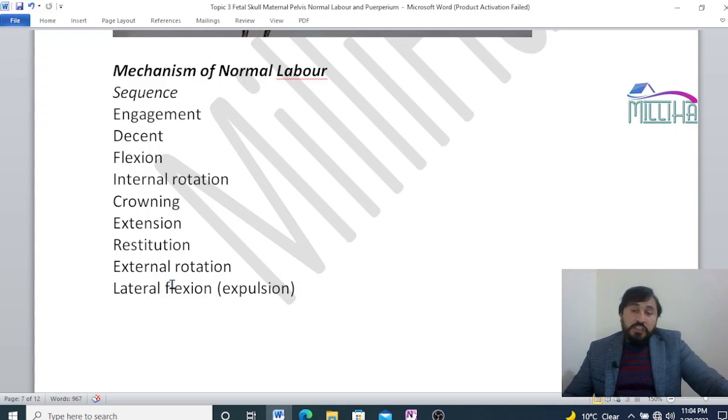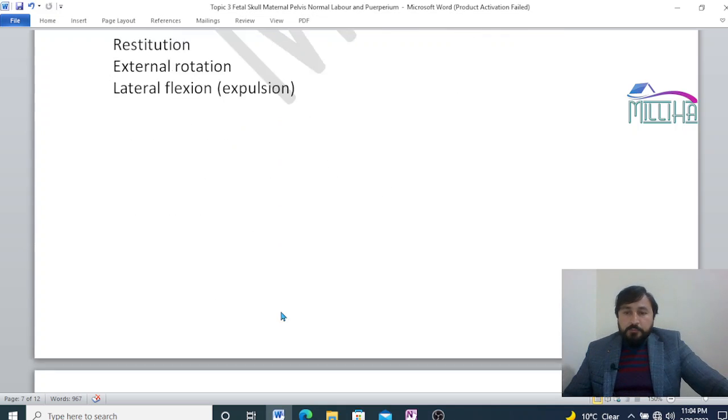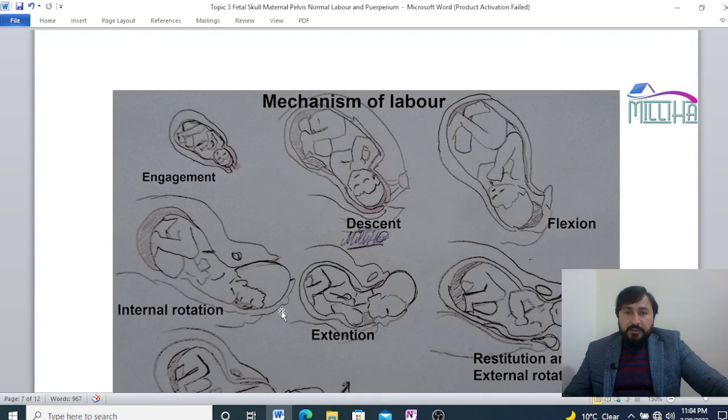Due to the rotation of the shoulder inside, the head rotates further externally. That is called external rotation of the head. After the external rotation, lateral flexion takes place, and with lateral flexion the baby is born completely. That's also called expulsion. Lateral means the baby twists like this and is born outside from the vagina.